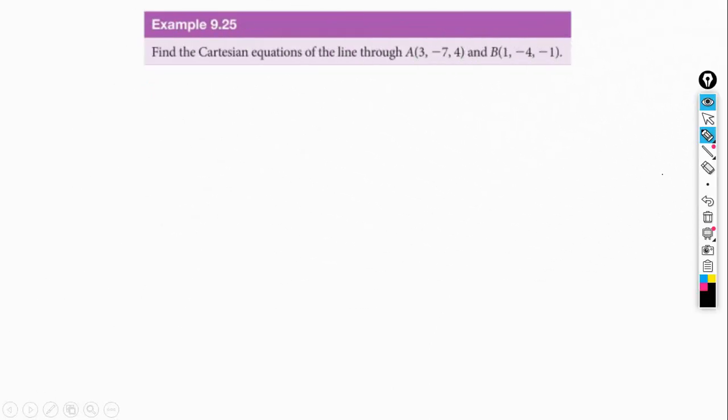So now let's do example 9.25, and it says find the Cartesian equations of the line through A (3, negative 7, 4) and B (1, negative 4, negative 1).